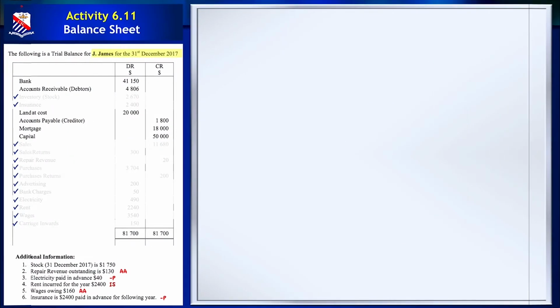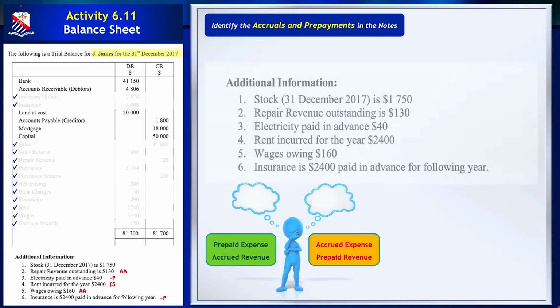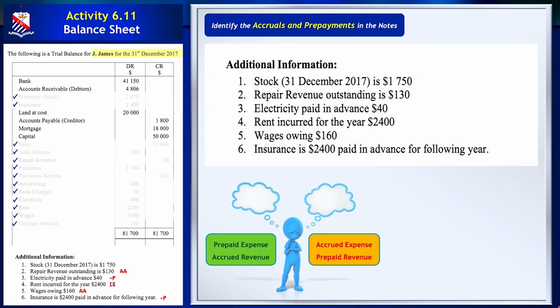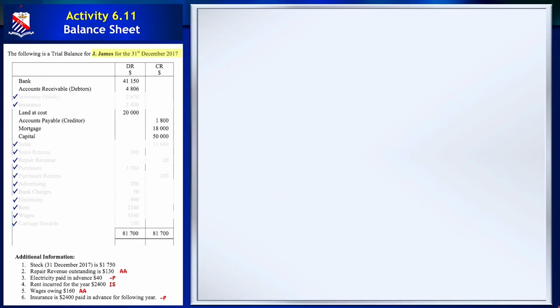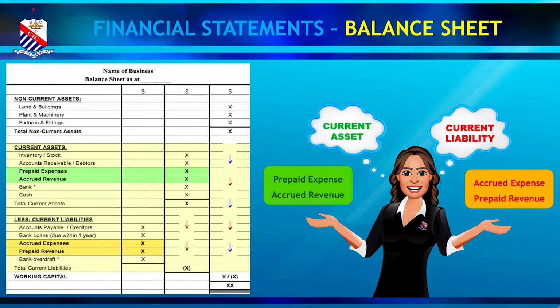But before we actually go into the balance sheet, my suggestion is to look at your notes and make a few little notes of your own in terms of what would be the current assets and the current liabilities. Now, you can always start your format with your non-current assets and then go and do this.